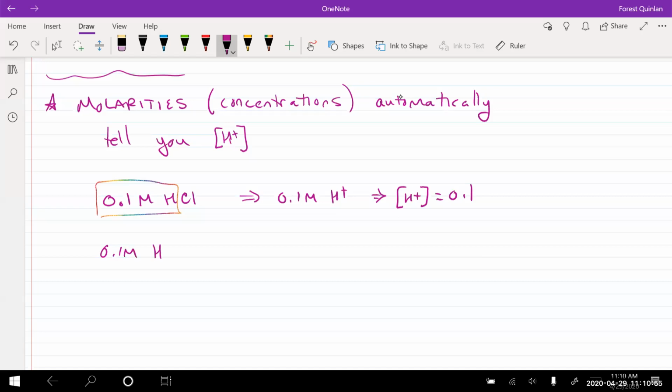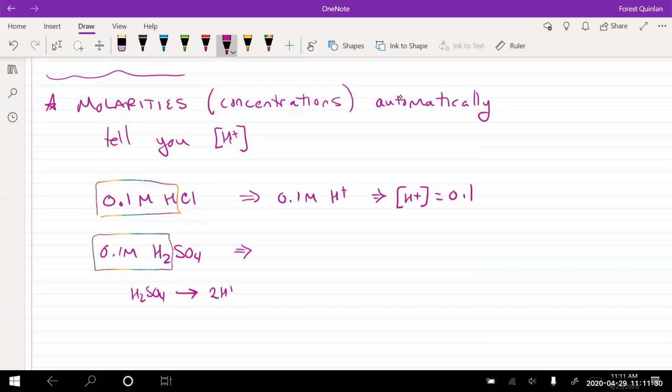What if I have 0.1 molar H2SO4? What is that going to tell you, Yadira? Take a look. 0.005 of H plus. For every one of those H2SO4s, we said that acids give up their H pluses.